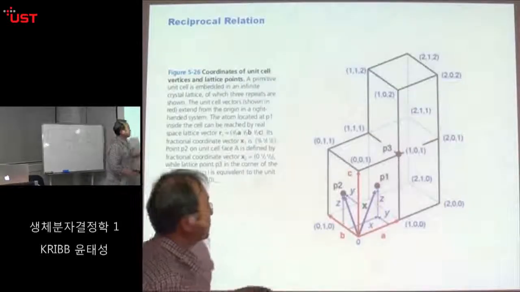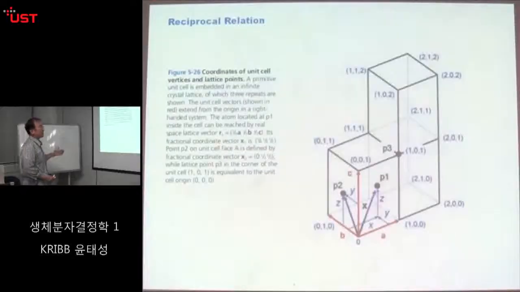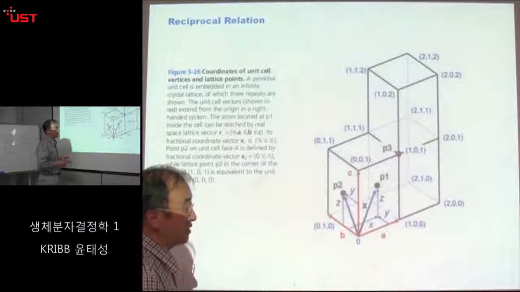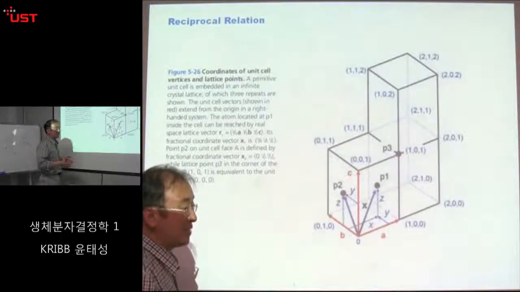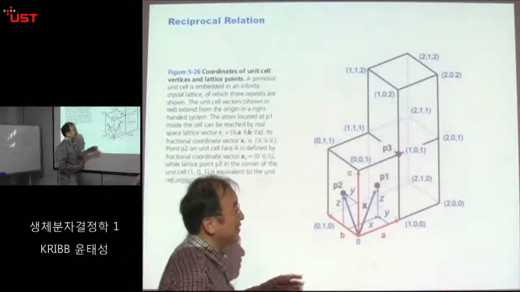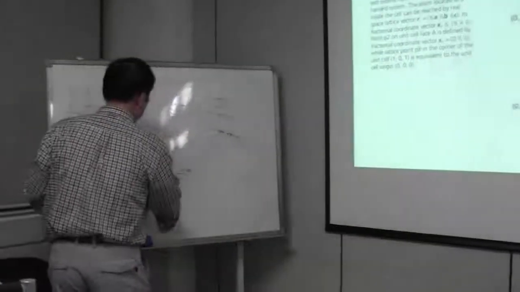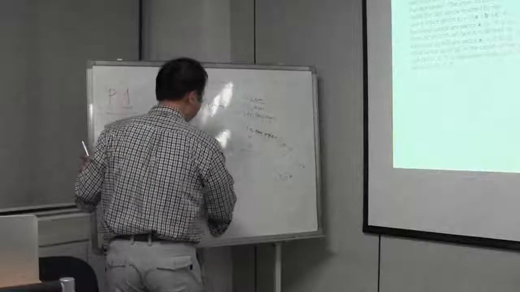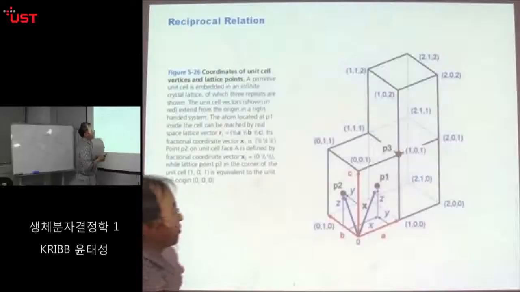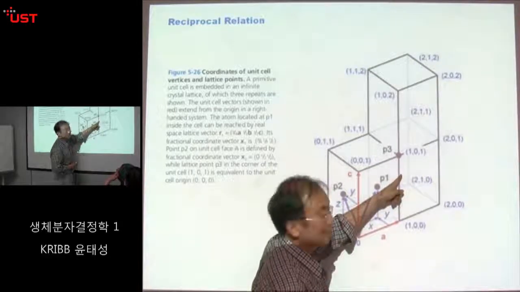If you're moving along B, it can be x, y plus 1, and z. So we can describe any equivalent point using x, y, z. We just need to add something along A, B, C with a multiple of 1, not half. If you add half, for example, x plus half, y, z, we will not move P1 here, but we will stop here.